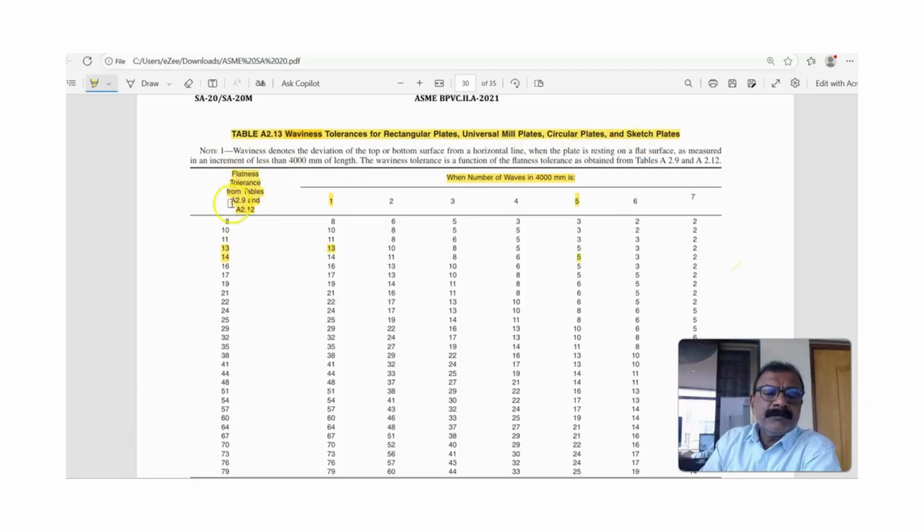This baseline is the flatness tolerance from the table A2.9. Suppose the flatness tolerance is 13 and the number of waves in 4000 millimeter is 1, then 13 millimeter waviness is allowed. Similarly, if there are 5 waves, then 5 waves are allowed.